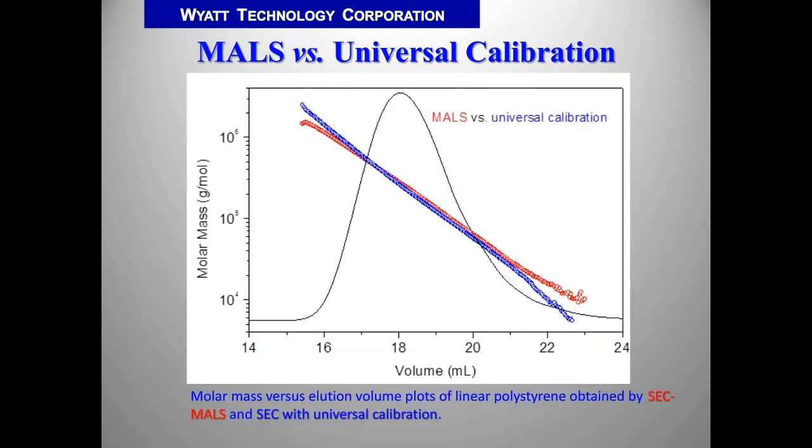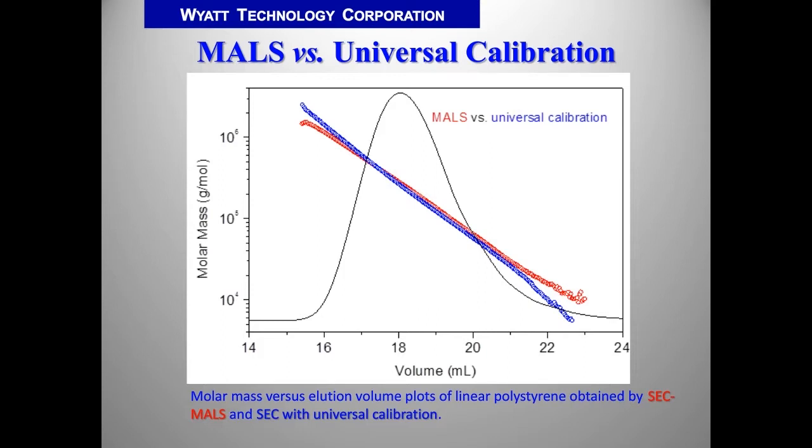The next slide shows the comparison of universal calibration with multi-angle light scattering detection. The graph shows molar mass versus elution volume. Plots obtained by SEC with MALS are in red color, and in blue color we have the plot obtained by universal calibration.